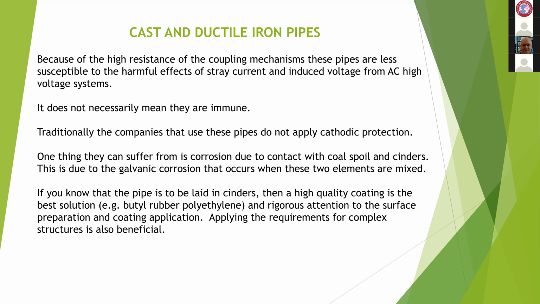And now very quickly to cast and ductile iron pipes. Traditionally, the companies that use these pipes don't apply cathodic protection, because they've got a long track record that says that provided that they're not subject to any external influences, they don't need it, because they wrap it with some covering or other, if you're lucky, and then they just leave it. But in fact, they're very lucky in some respects that they've got away with it for so long.